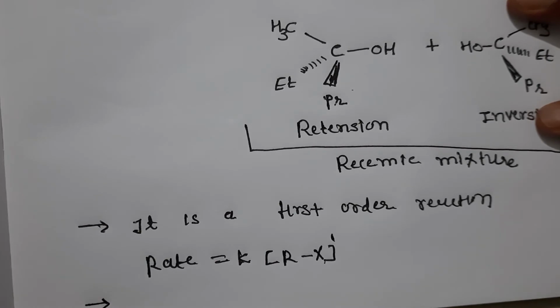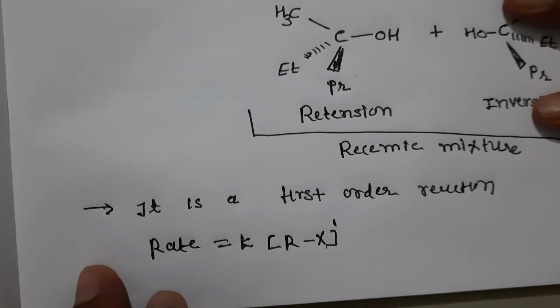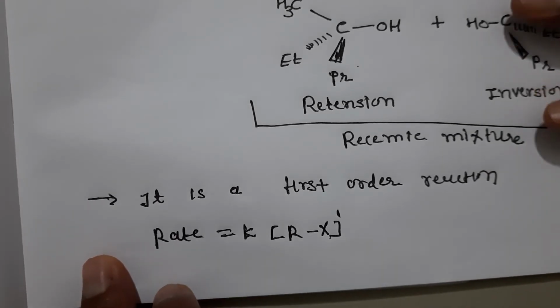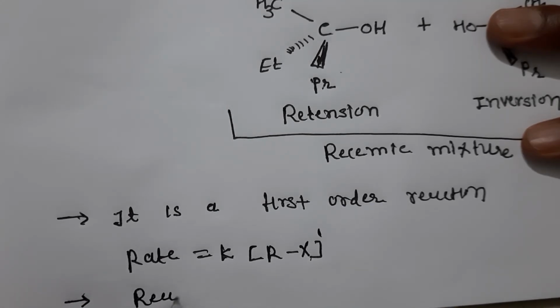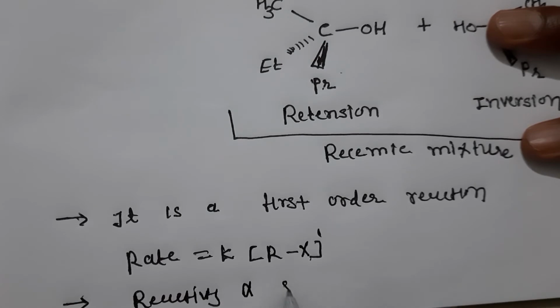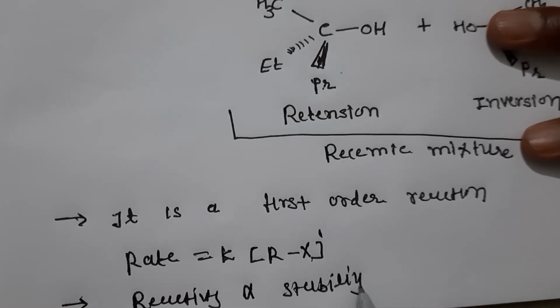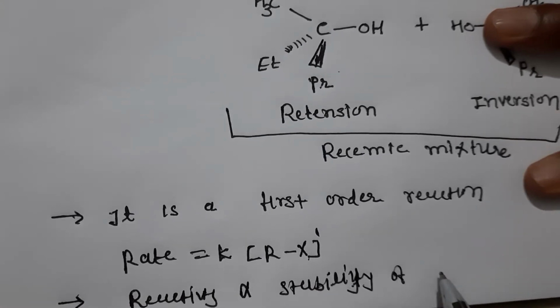The reactivity in the SN1 reaction is such that 3 degree alkyl halides react faster than 2 degree, then 1 degree, because reactivity depends on the stability of the carbocation. Reactivity is directly proportional to the stability of the carbocation.